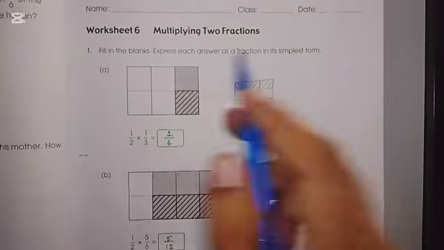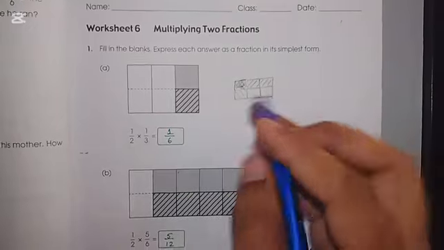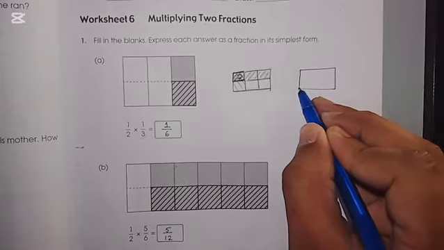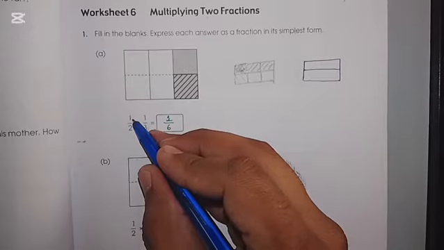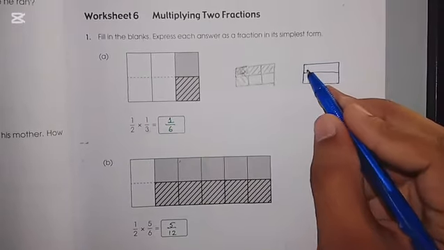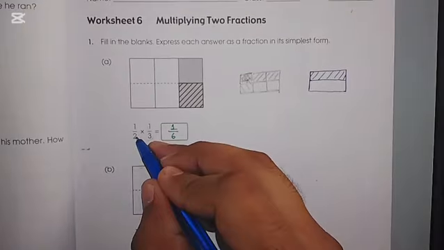But in the concept of shape, how we will understand is this, that we have one shape, this is the shape, and the first fraction says 1 by 2. What this means is, if you divide the one shape in two parts, color the one part. This is 1 over 2.